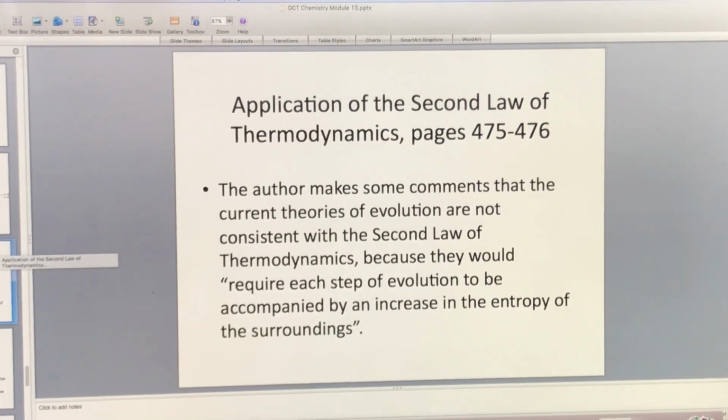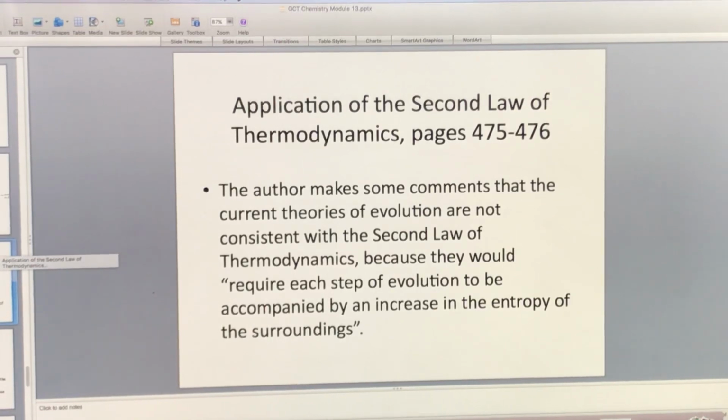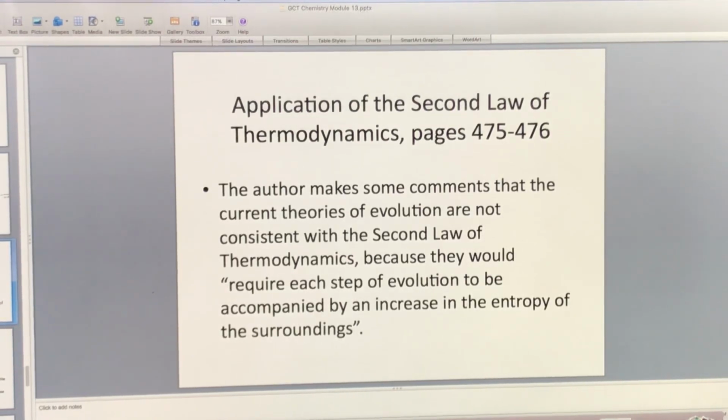Okay. So I just want to make mention on these pages of the chapter, which is 475 to 476, the author has a discussion about how the second law of thermodynamics may be interpreted in terms of current theories of evolution.